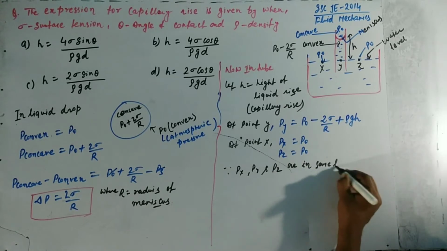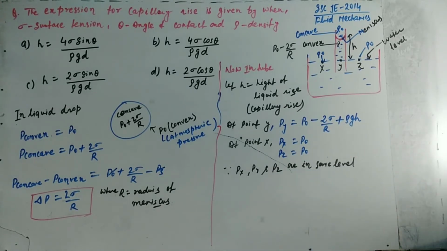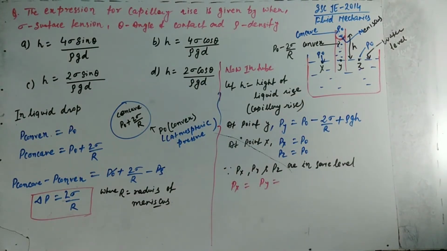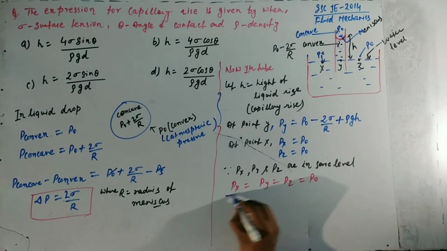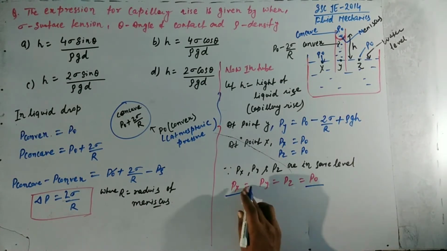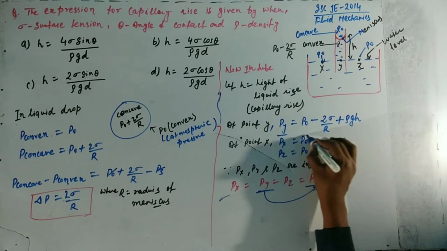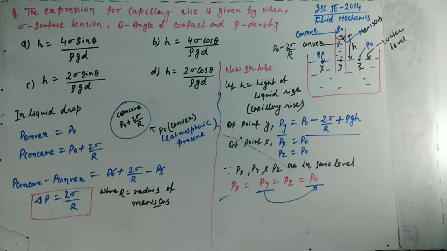Since Px, Py and Pz are at the same level, Px equals Py equals Pz equals P naught. So for point Y, Py equals P naught, and another equation is Py equals P naught minus 2 sigma by R plus rho g h.